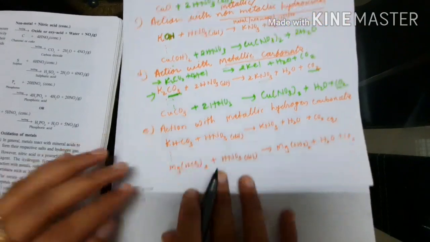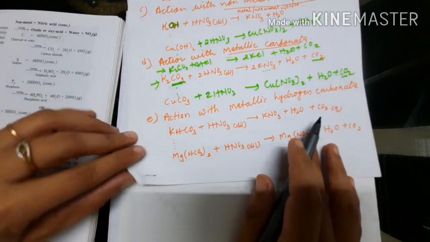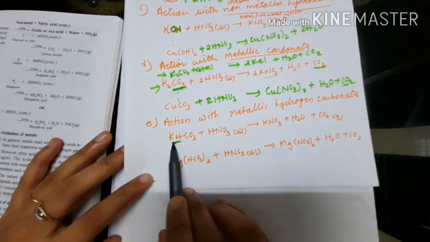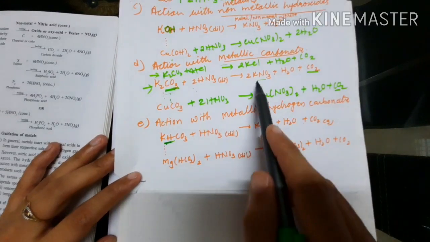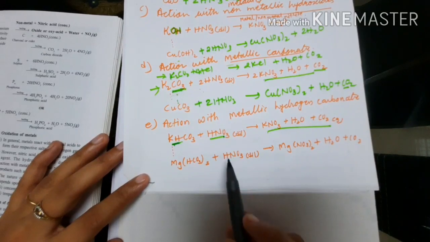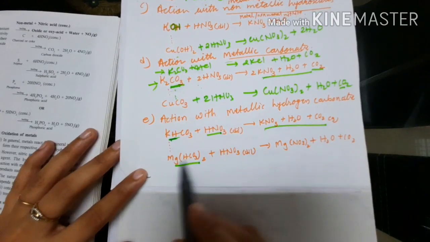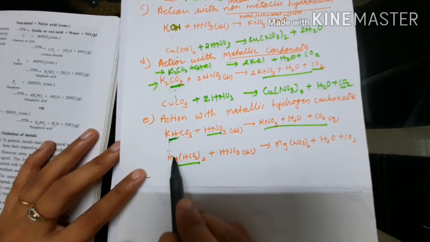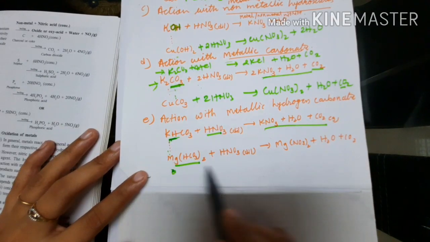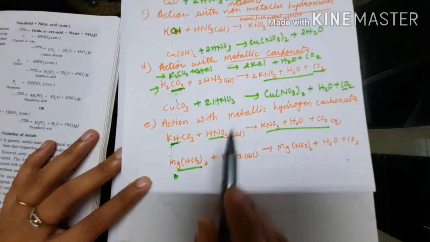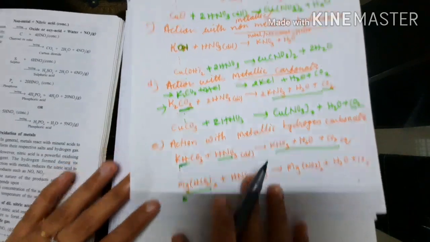Then the action with the metallic hydrogen carbonate. Here also the same, but the product will be the same. Got it? Here diluted HNO3, and from copper till magnesium, going down the active metal series, this reaction happens because hydrogen is not there. Okay, I hope you understand this point.